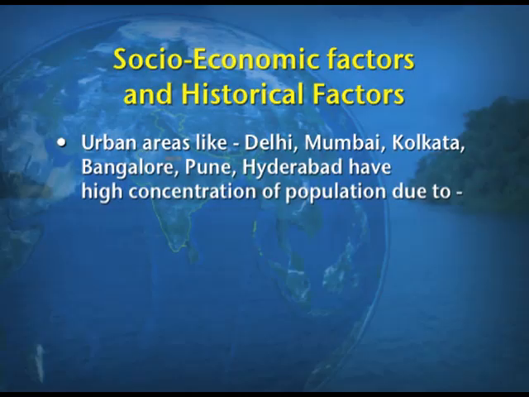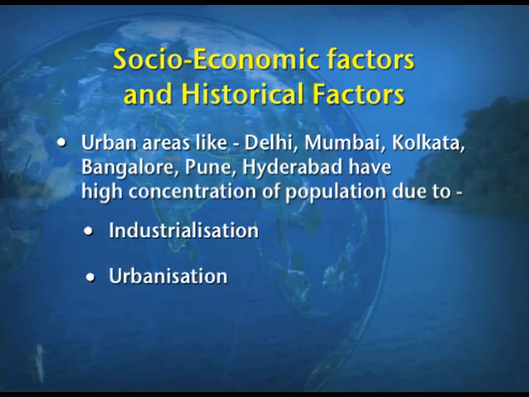Now, I will quote certain cities: Delhi, Mumbai, Kolkata, Bangalore, Pune, Hyderabad. These areas have a high concentration of population because of two major reasons. One, industrialization, and another is urbanization.